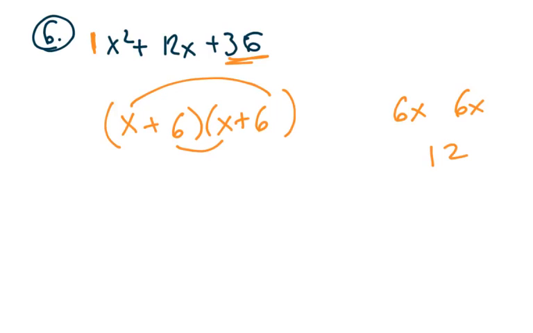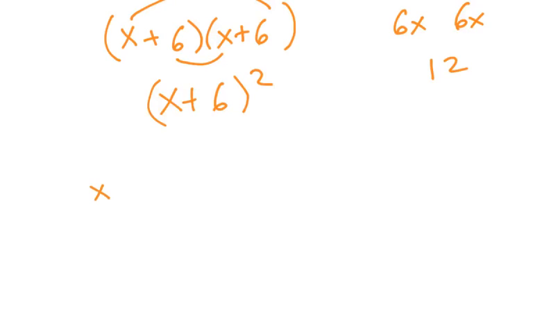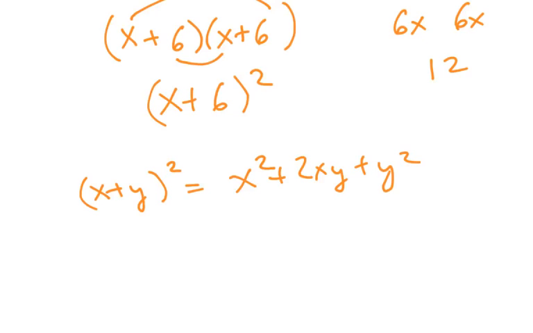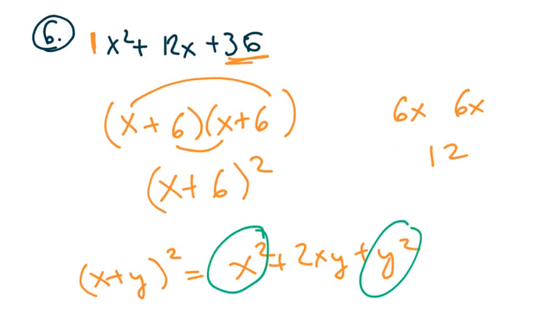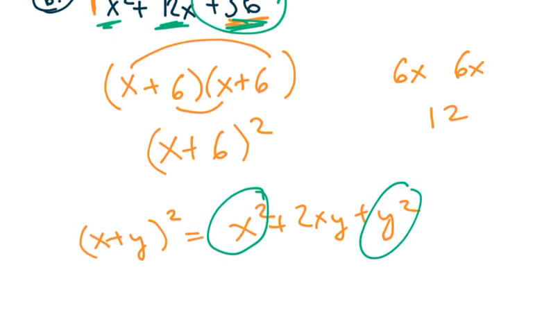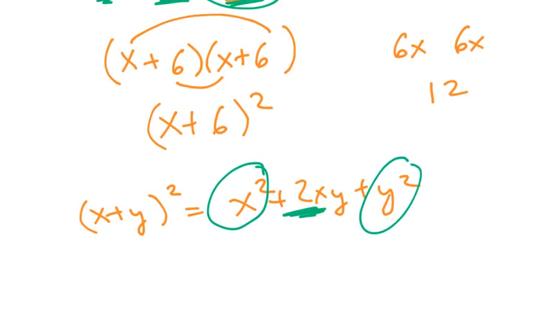And this is actually a special situation. We can rewrite this as x plus 6 squared. What the book likes to do is piggyback, and they'll show you this as an illustration. They'll say that this is equal to this. And what they're going to say is, if you realize that if you square both your values, or you can take the square root of both of these, and when you take the square root of this and times by 2, you get this, which is this right here, then you can jump straight to this as the answer.